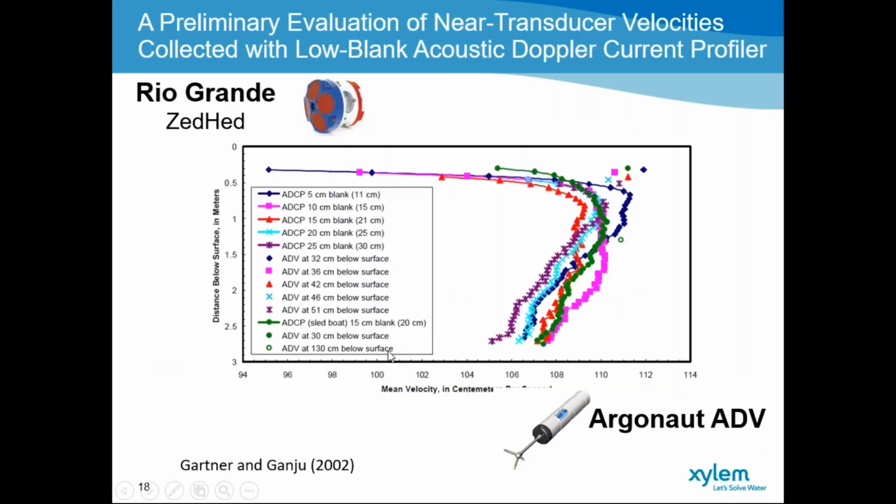As I mentioned previously, most acoustic Doppler instruments make use of a blanking distance to remove the data associated with that ringing effect from the transducers, as that will impact the data quality itself.